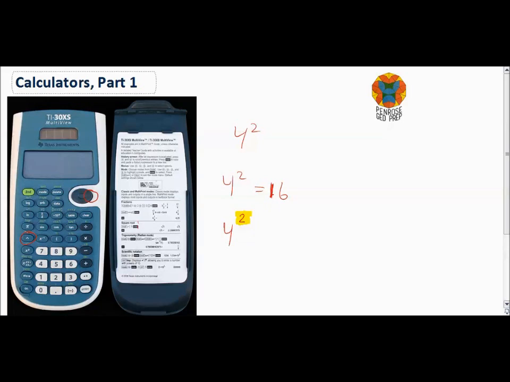If you want, you can right arrow out of the space so that your next spot is over here. If you wanted to type something in that next spot because maybe you had some extra stuff, you could. But in this problem, because all we wanted to do was find 4 squared, we just hit enter and we get 16.